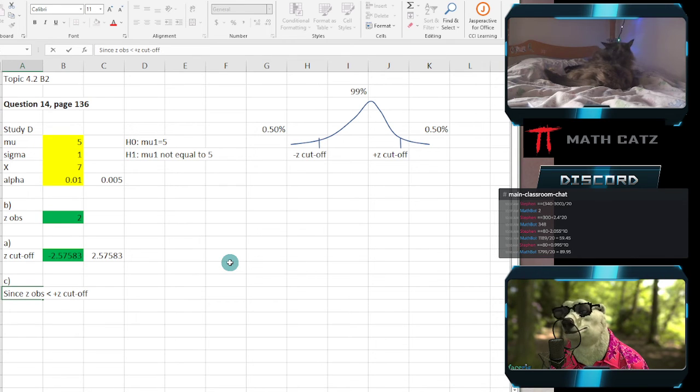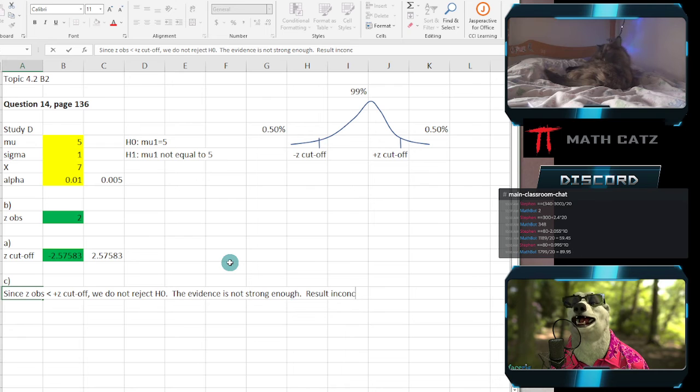There are two of them. In this case, I'm on the positive side, where my observed z-score sits. We do not reject the null hypothesis. The evidence is not strong enough. Result inconclusive.